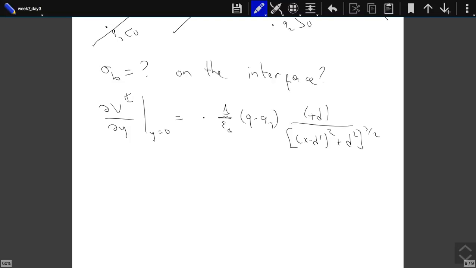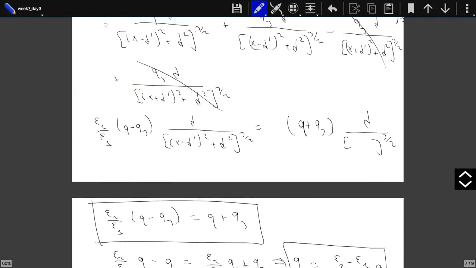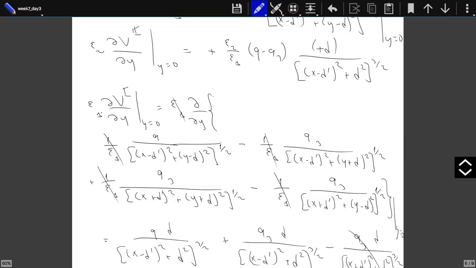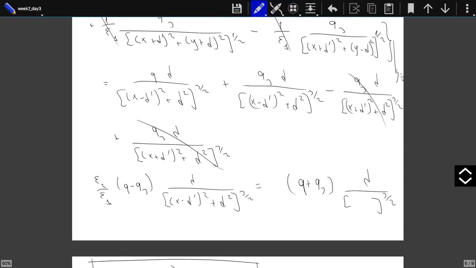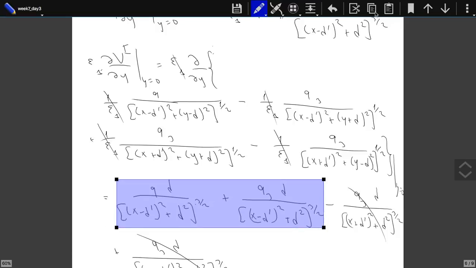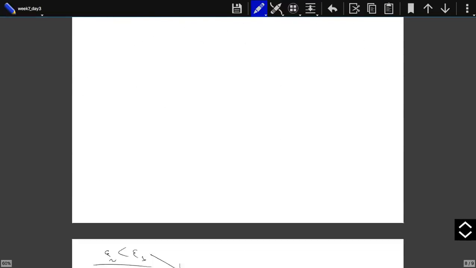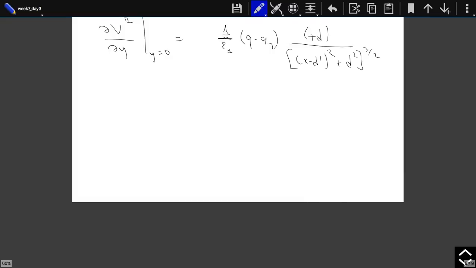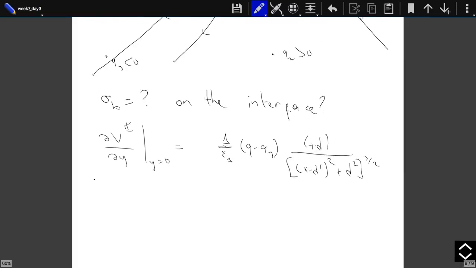This is the y component of the electric field in region 2 in the horizontal plane. This is only the normal direction.